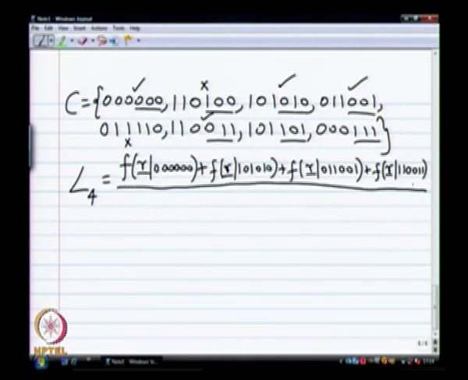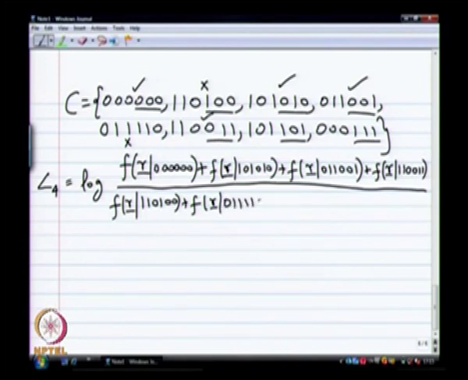Then in the denominator you will have f of r given 1 1 0 1 0 0, plus f of r given 0 1 1 1 1 0, plus f of r given 1 0 1 1 0 1, plus f of r given 0 0 0 1 1 1. Okay, so log, I forgot. As usual, thanks for reminding me. So L4 is a log of this ratio.